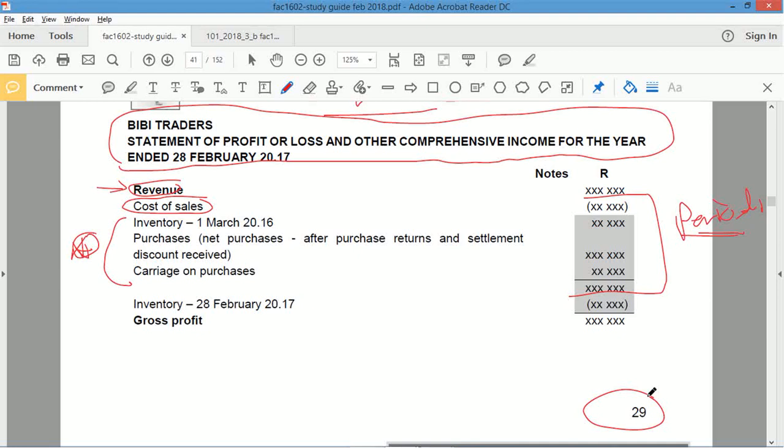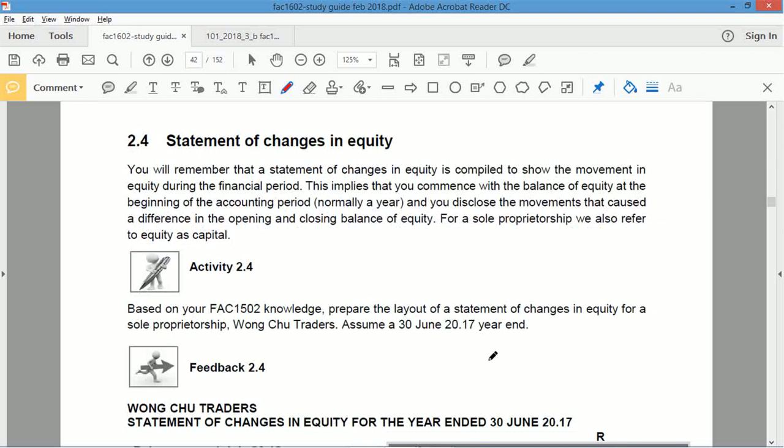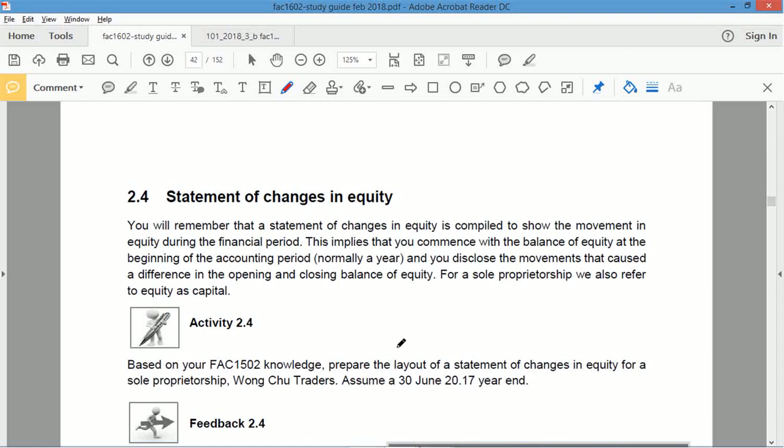Okay, you have to know these formats, not equations, because you need to structure your answer. This is the structure. Then you've got the little total column. Then you write down gross profit, and that's it. Next, they don't even go that far, so I'm going to add more here.